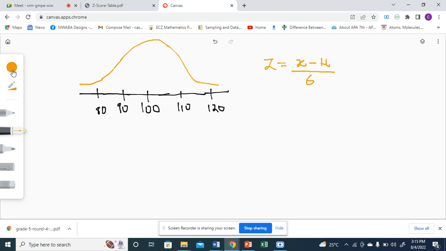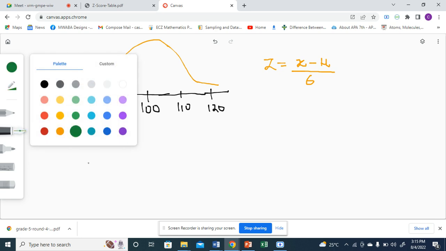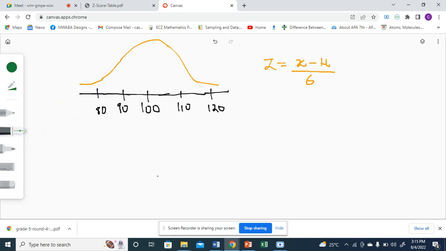So the standard normal distribution will look like this. You draw a line here. The mean is 0.